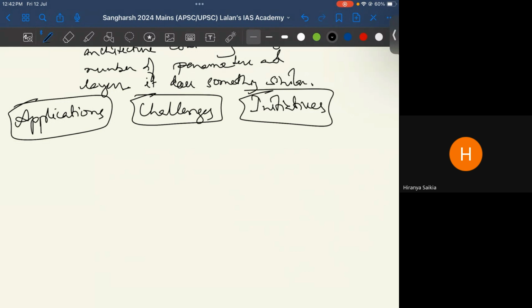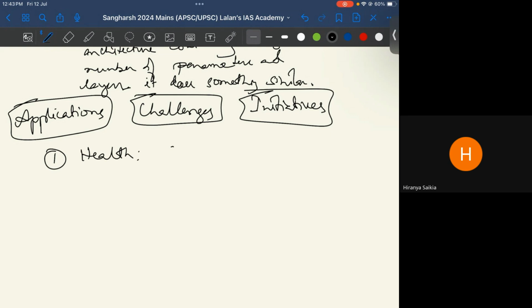If we look at applications, we can first look at the health sector. In the health sector, obviously AI can ensure, by processing a huge volume of data, that quality healthcare is available. What model of healthcare is considered to be the best?